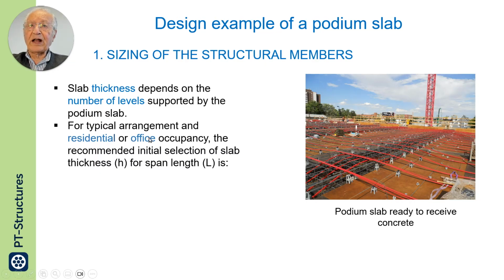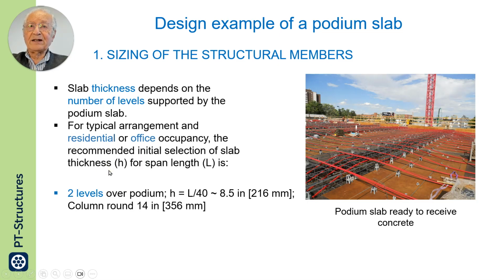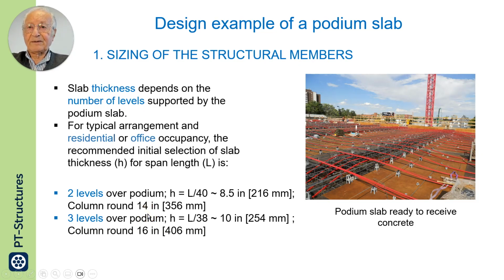For typical arrangement and residential or office occupancy, the recommended initial selection of slab thickness is span over 40 if the podium slab supports 2 levels above it, and columns could then work if they are around 14 inches.